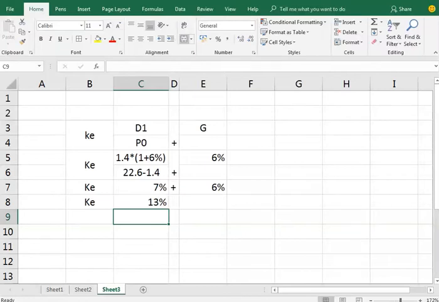Your P naught is equal to D1 by KE minus g. D1 is nothing but cash flow. So your present value of growing perpetuity is perpetuity amount divided by investor expectation minus growth rate. So what you are going to do is cash flow of year 1 divided by cost of equity minus growth rate, minus 150 crores. Tell me the NPV of the project. Let it be in crores itself.